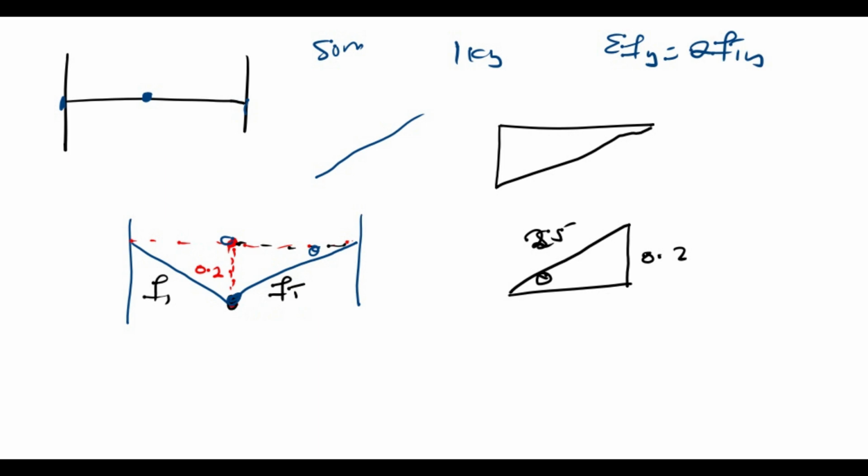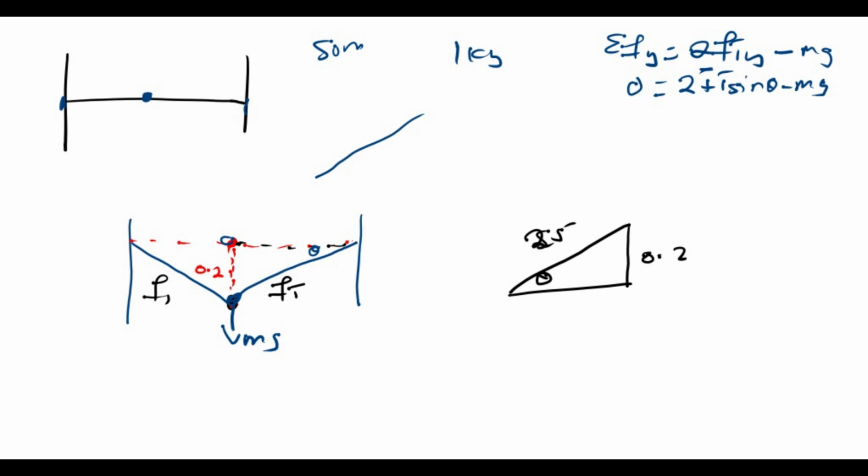So 2 FT sine theta, minus mg going down, the weight of the bead. This will be equal to 0 because it was not moving. Then 2 FT sine theta minus mg equals 0. Shift mg to the other side, so FT sine theta is equal to mg.